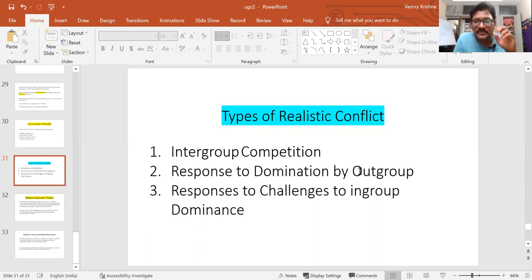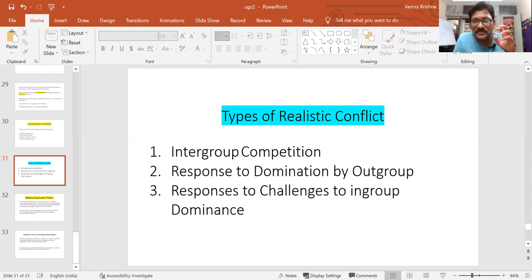So in UGC, there may be statements confusing you, saying it is not a conflict or there is no competition, there would be cooperation. This is realistic conflict theory, which talks about competitiveness versus cooperation.